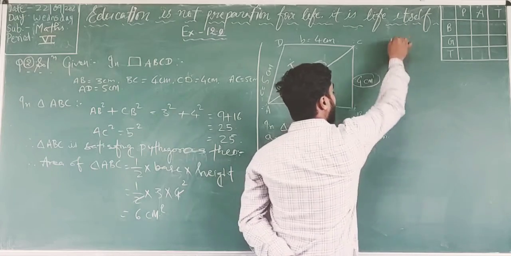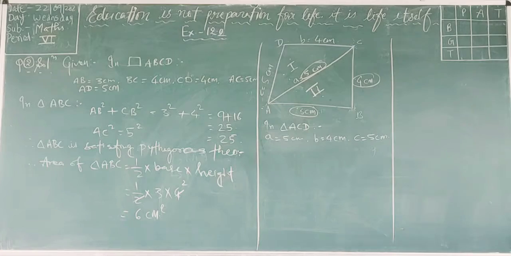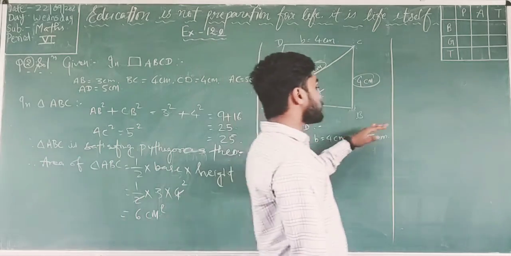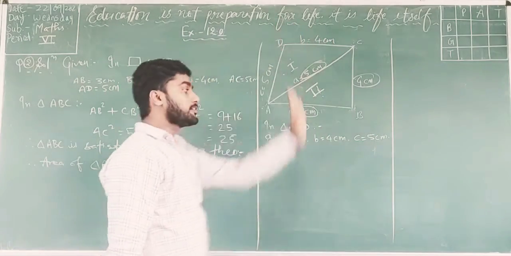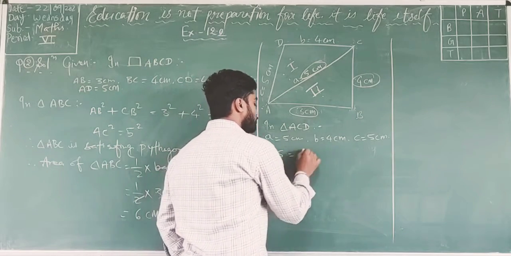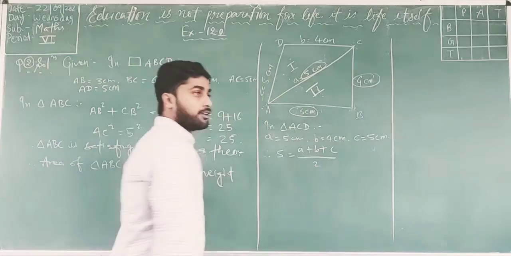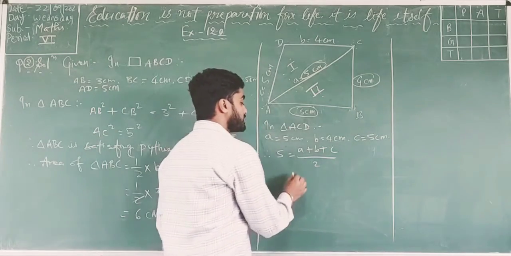So these are three sides of second triangle. Now we are using these three sides to find the area of second triangle. For semi-perimeter, S equal to A plus B plus C upon 2.